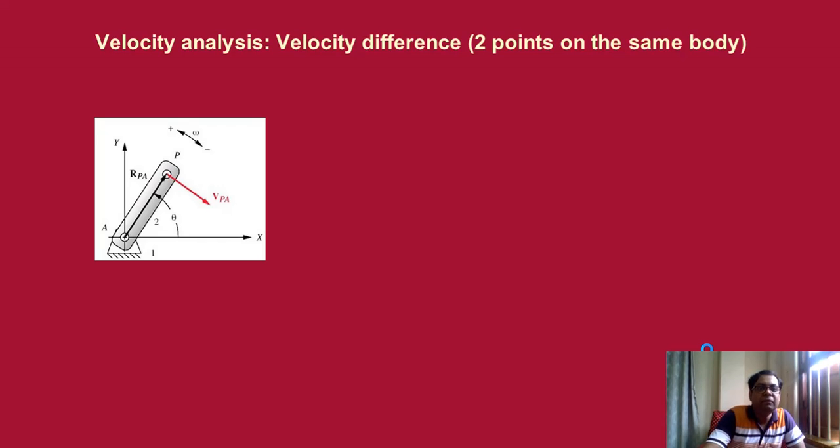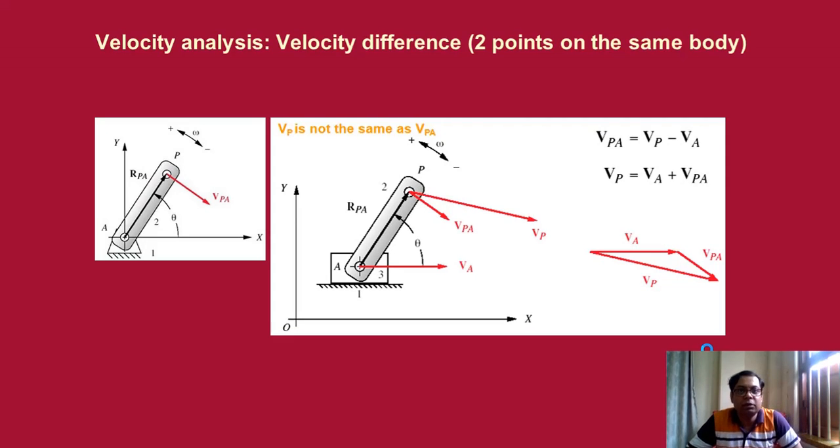For example, consider the velocity difference for two points on the same body. Over here we have shown an object with point A and point P. These are the two important points, where point A is the fulcrum, based on which point P has some rotary or oscillatory type of motion.